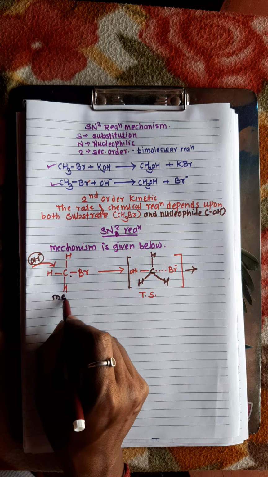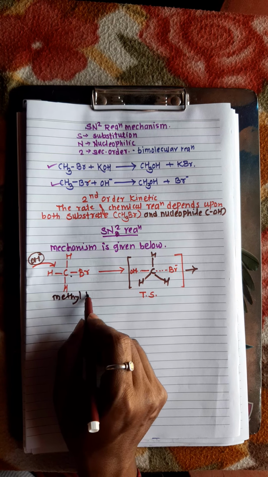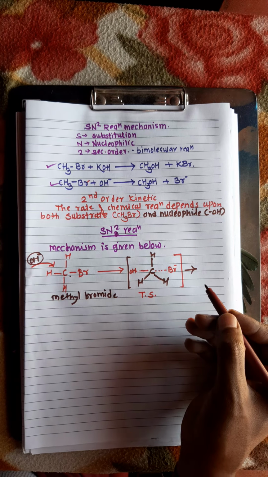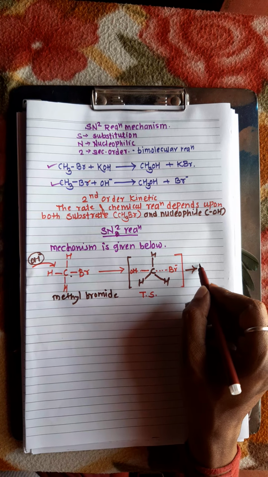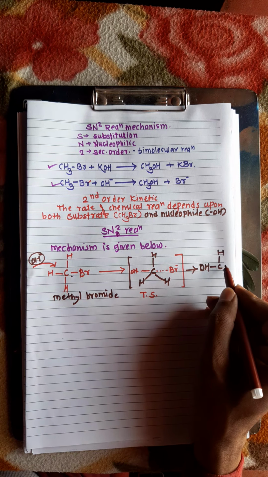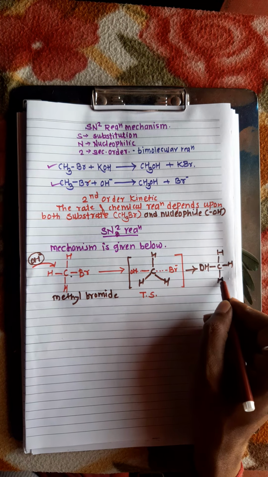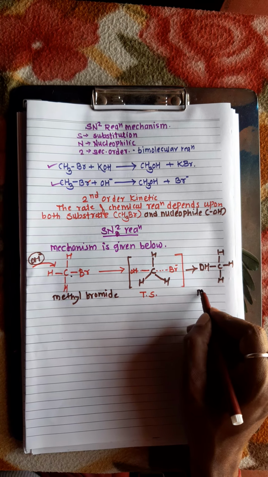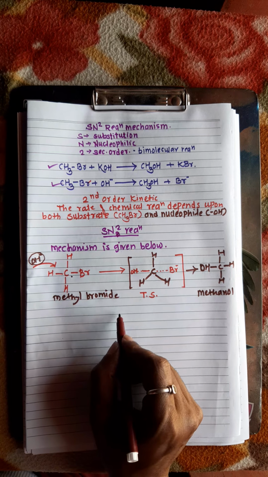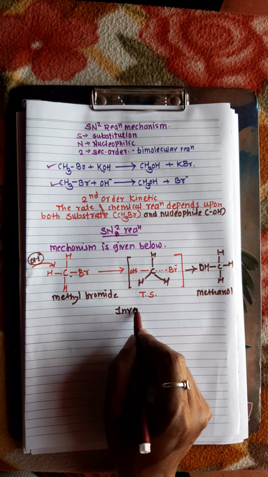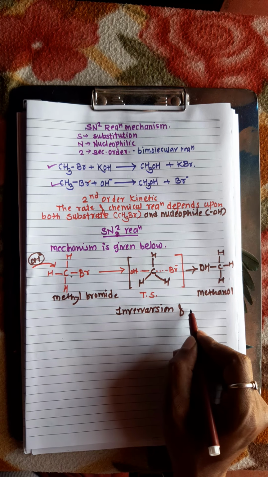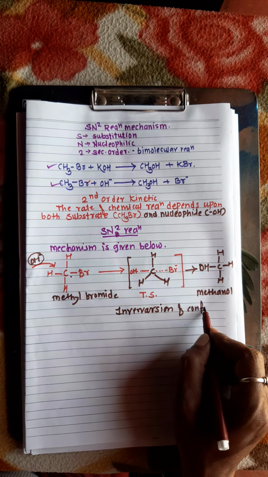Methyl bromide gets converted into OH, C, H, H, H, that is methanol, with inversion of configuration.